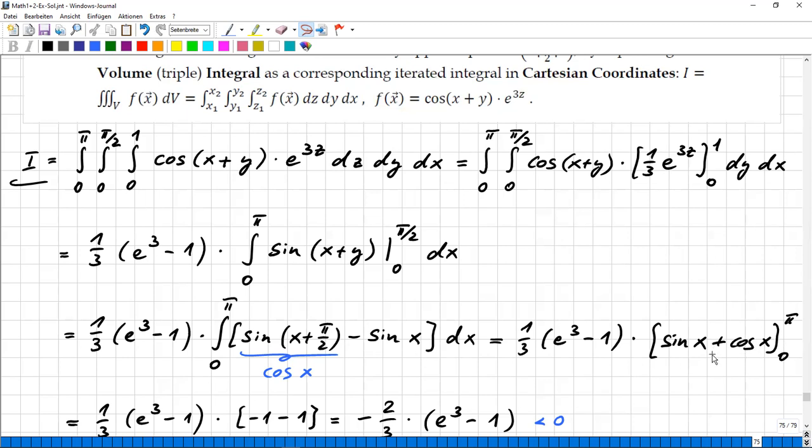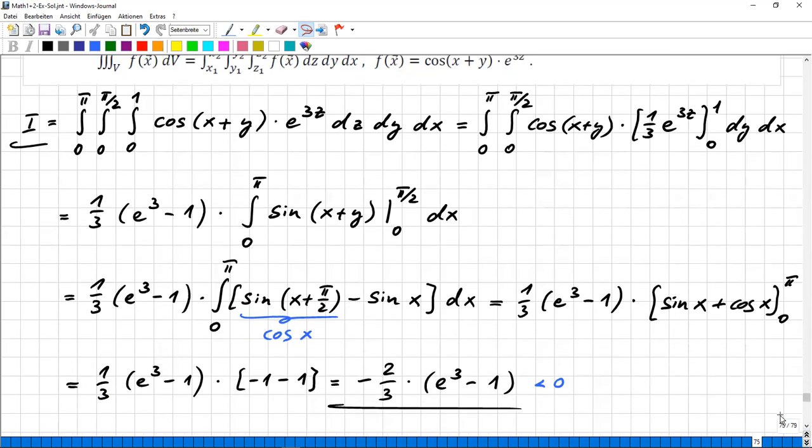So everything's positive here. And then evaluating the last time, inserting pi for x, gets us, well, carefully look here. The sine of pi is 0, but the cosine of pi equals -1. That's its minimum, right? So we get -1 at the upper limit, and then we have to subtract the value at the lower limit.